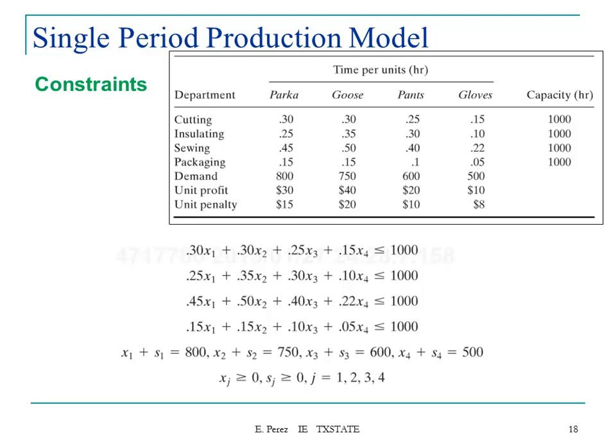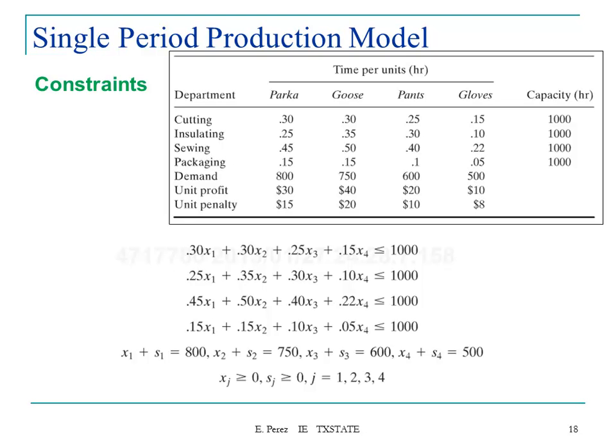Now we also need to add some constraints that use the demand for our problem. The demand for the first item is 800. So you can say, okay, X1 needs to be equal to 800. But if you are not able to produce that many items, that constraint is going to be violated.